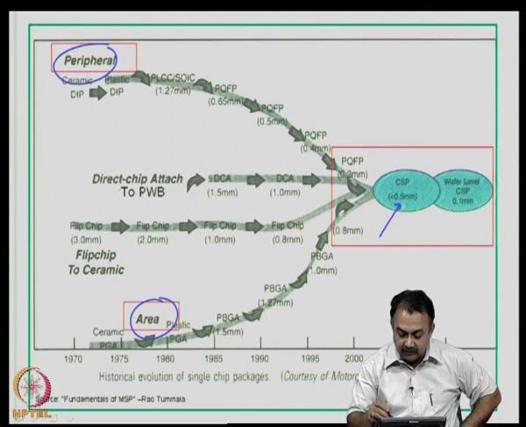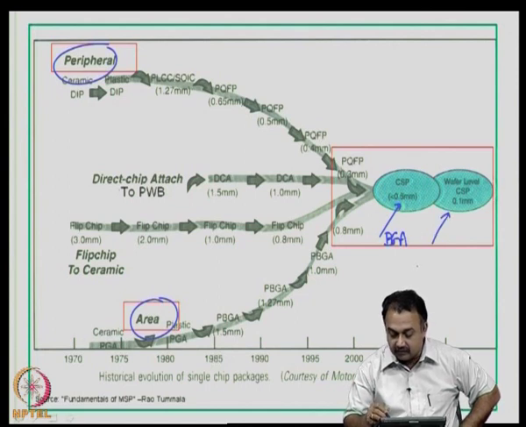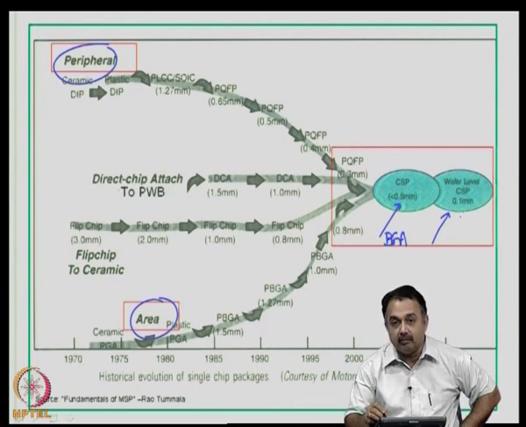But if you look at CSP, the definition or the qualification for a BGA package to be called a CSP is that the pitch should be 0.5 mm or lower. Today there are new technologies called wafer level chip size packaging, which has pitch as low as 100 microns, that is 0.1 mm.